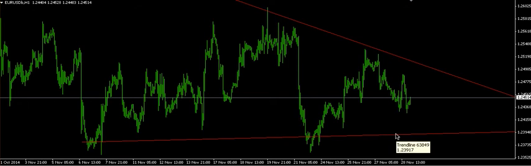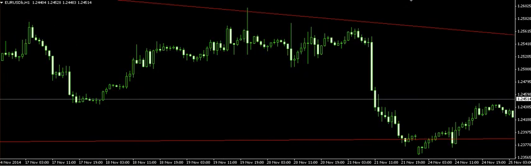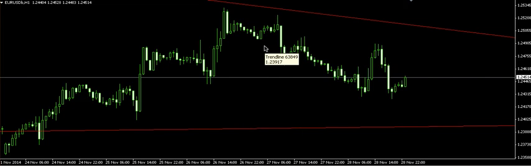This is the hourly chart right now, so here also we have a symmetrical triangle formation. And if you zoom in, you can see the price action.